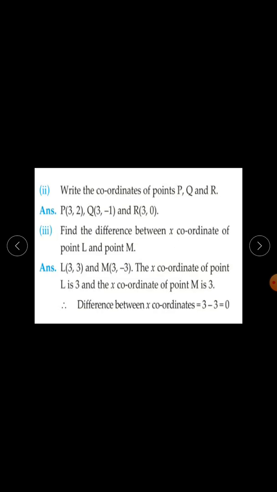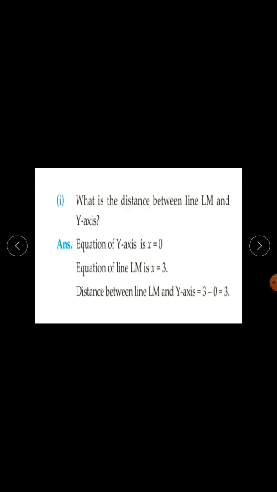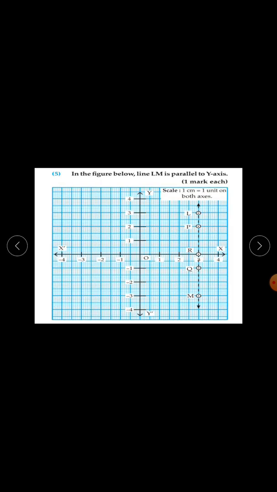Second sub question. Write the coordinates of points P, Q and R. For point P, the x coordinate is 3 and the y coordinate is 2.